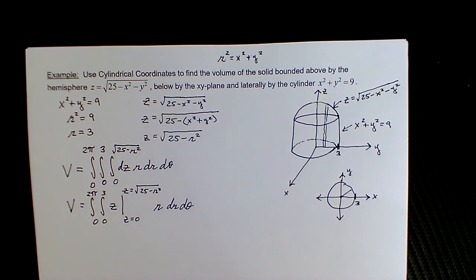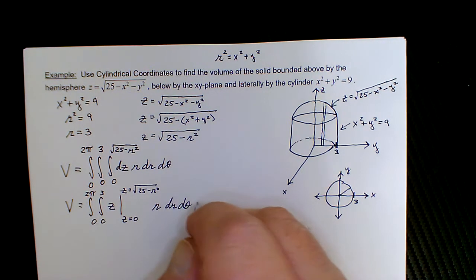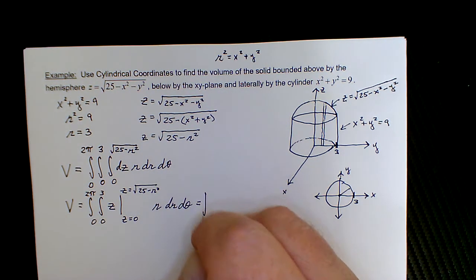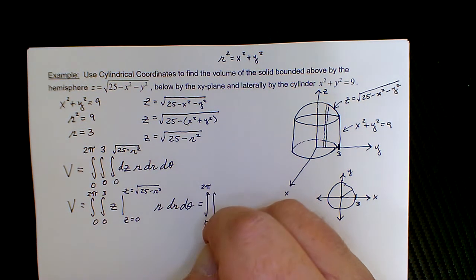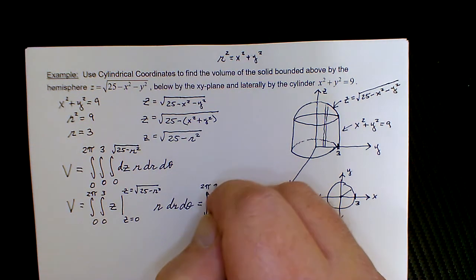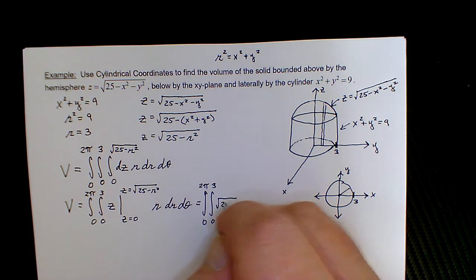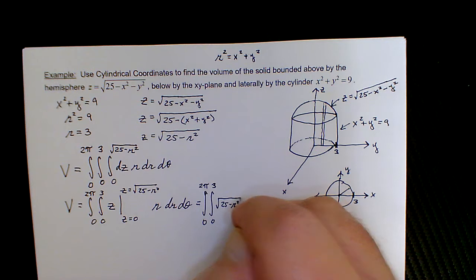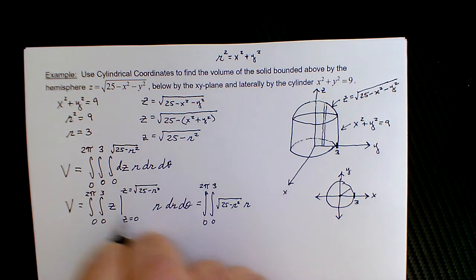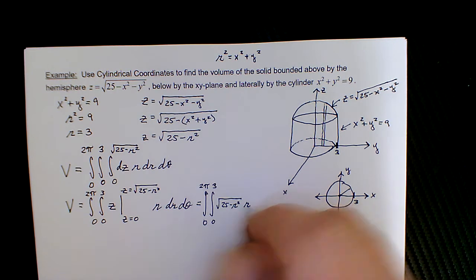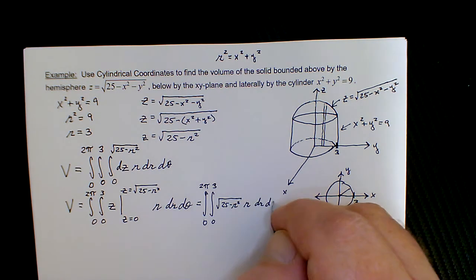That's just going to give us the double integral 0 to 2 pi, 0 to 3 again. Okay, plug in the upper limit, z, that's the square root of 25 minus r squared, but then it's times r, because the lower limit goes in as 0 for z, so that's 0, so then times the remaining factors, r dr d theta.